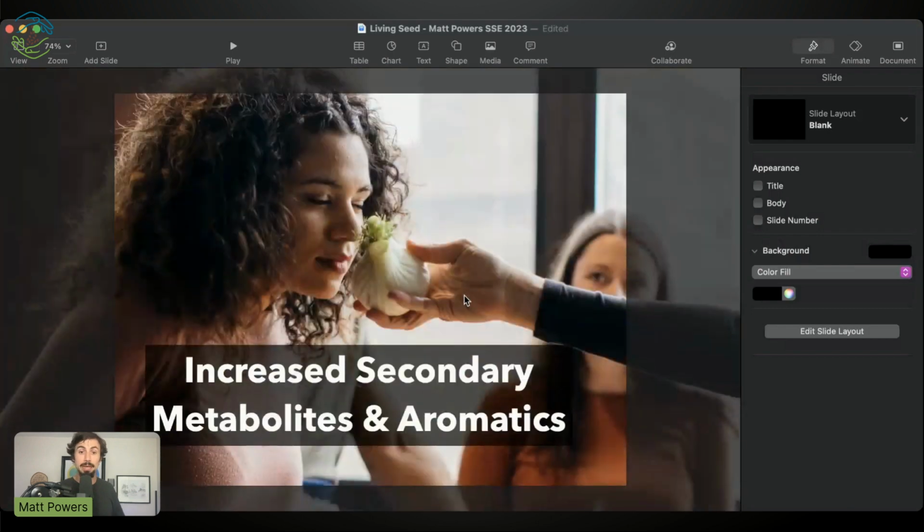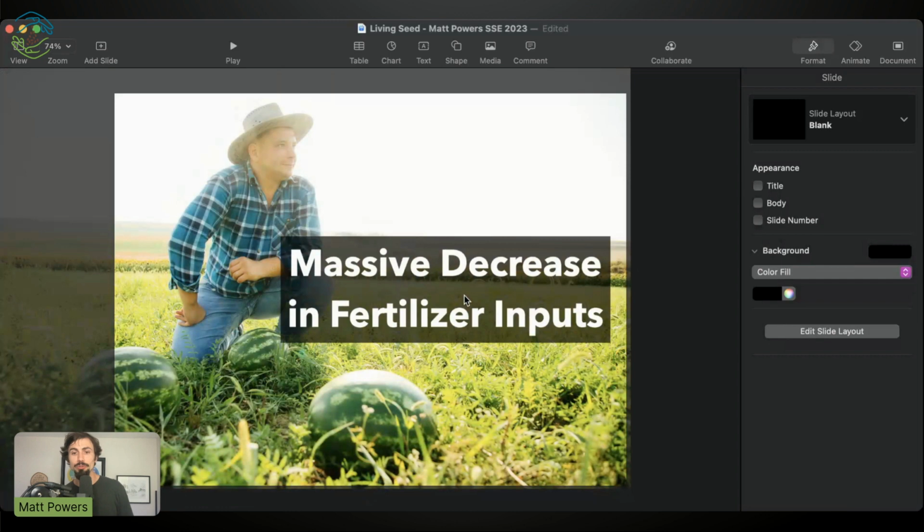Increased secondary metabolites and aromatics. So these are going to be medicinal qualities, the things that we love, taste, and recognize as what makes food enjoyable. And that is all microbes. And then a massive decrease in fertilizer inputs. Farmers are just tiptoeing into this, and they're seeing huge reactions.